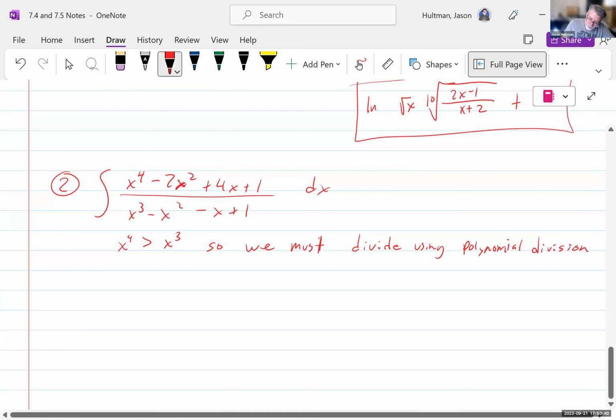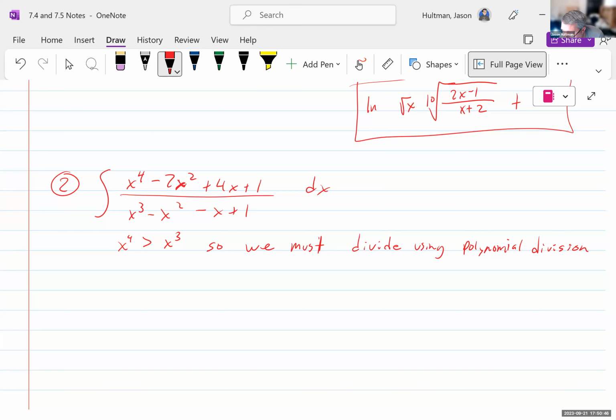There are so many terms in math, it is like a foreign language. I think that's why people find math to be so hard, because not only is it a sport, but it's also a foreign language. So lots and lots of terminology. So we must divide using polynomial division.